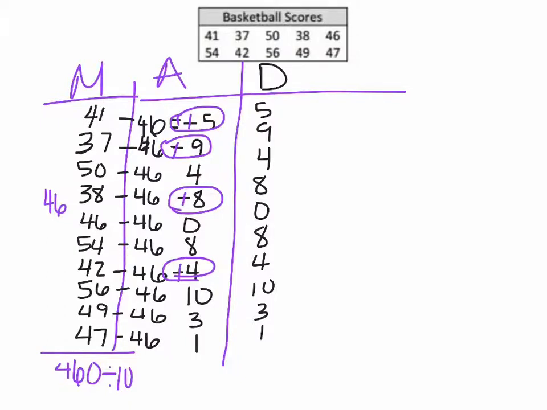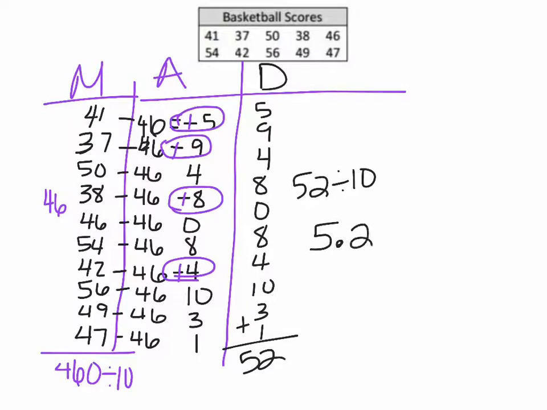So I'm going to add all these up, and I got 52. Okay, and I have to take that 52 and I'm going to divide it by how many numbers there are, and there's still 10 numbers. So that means my mean absolute deviation is going to be 5.2.